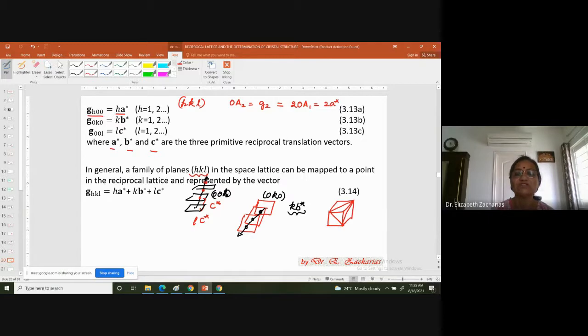How will this family of planes get represented? In general, it will be represented by G_HKL equal to H A star plus K B star plus L C star. Guys, are you following the logic, or do you want me to repeat again?